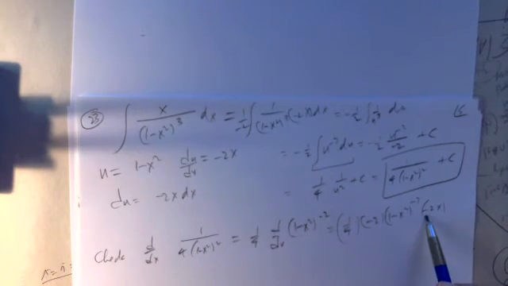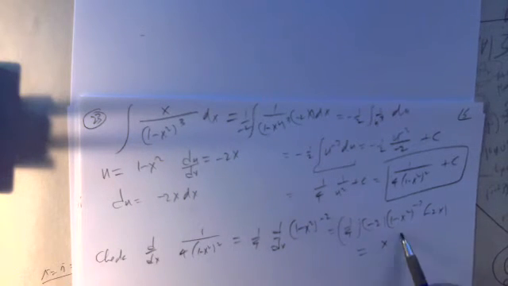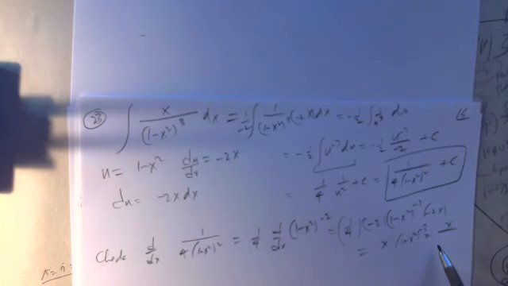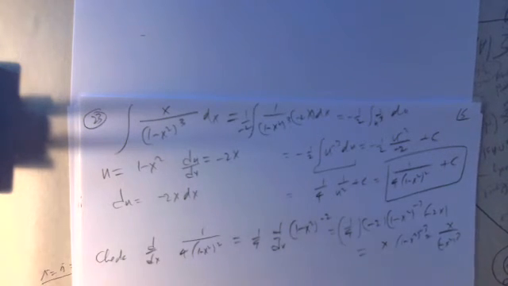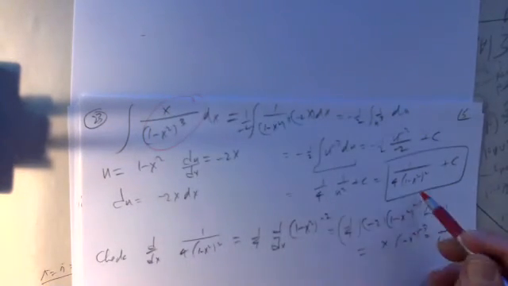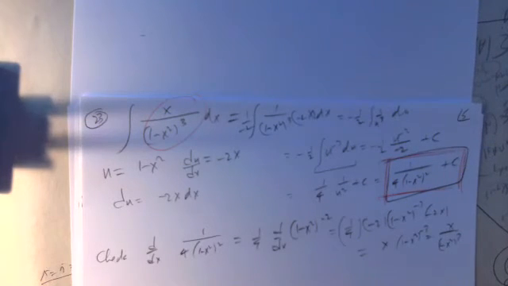And the minuses cancel. The 2 times 2 cancels the 4. I get x times 1 minus x squared to the minus 3, or x over 1 minus x squared cubed. Right? I get exactly that back. So this is the correct answer.